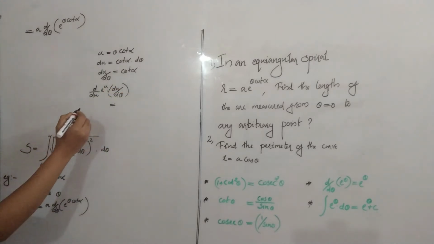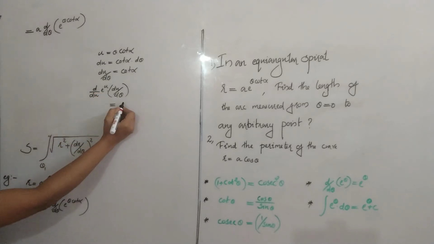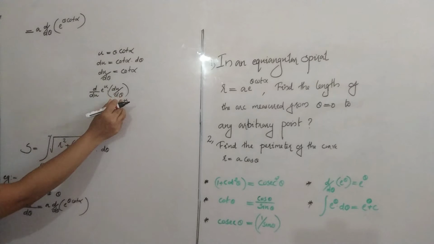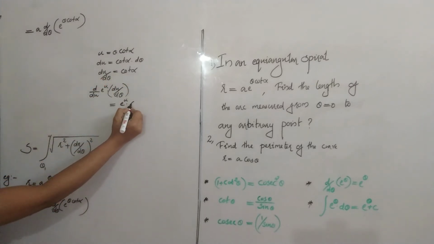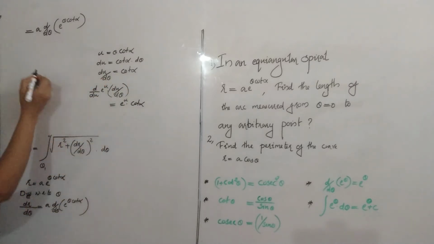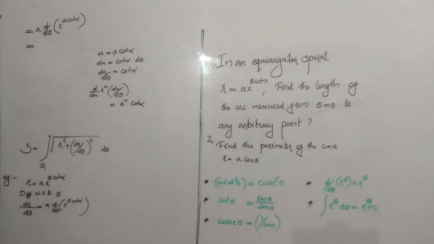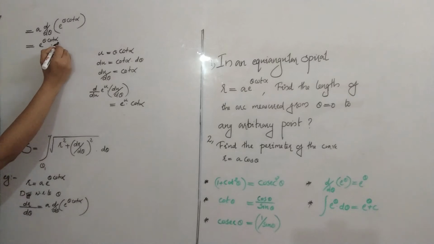That is equal to d by du of e raised to u, which is e raised to u, into du by d theta, that is cot alpha. So this can be written as e raised to u, which is theta cot alpha, into cot alpha.